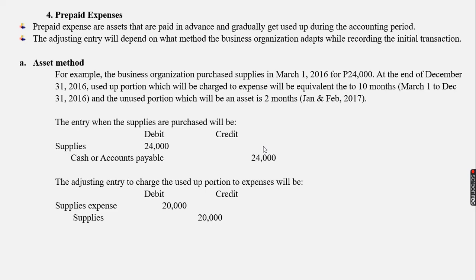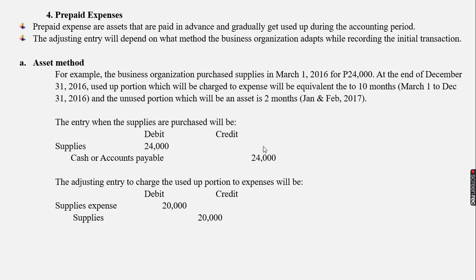So, at the end of December 31, 2016, the organization that purchased supplies on March 1 worth 24,000 has consumed a portion of the supplies equivalent to 10 months, March 1 to December 31, 2016, and the unused portion that will be an asset is 2 months, January and February 2017.